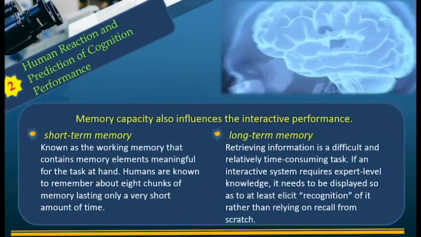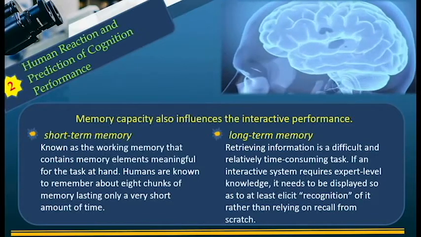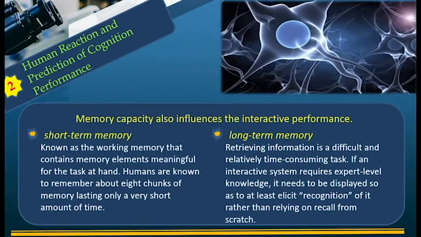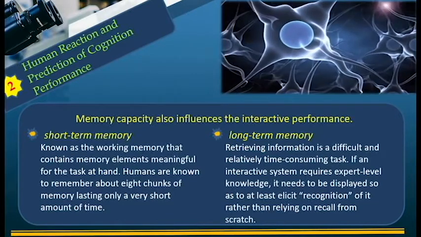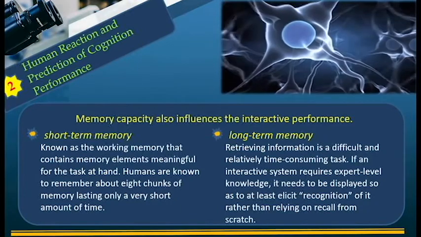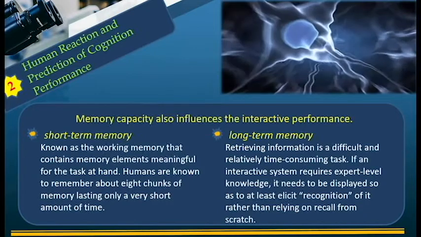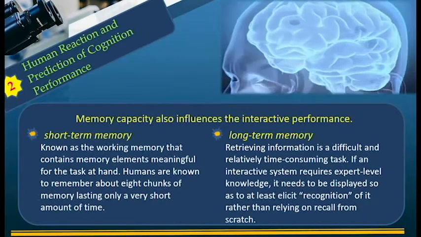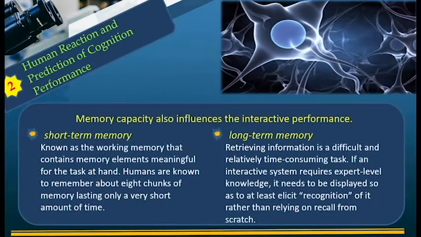While in long-term memory, retrieving information is a difficult and relatively time-consuming task. So if an interactive system requires expert-level knowledge, it needs to be displayed so as to at least elicit recognition of it rather than relying on recall from scratch.